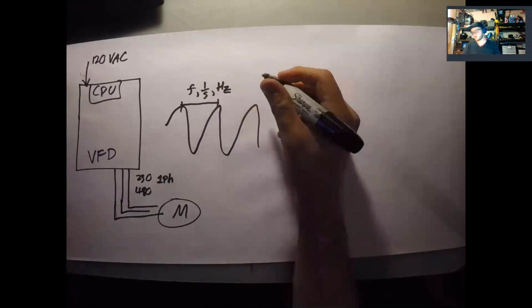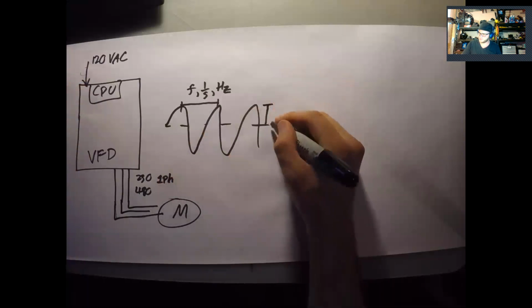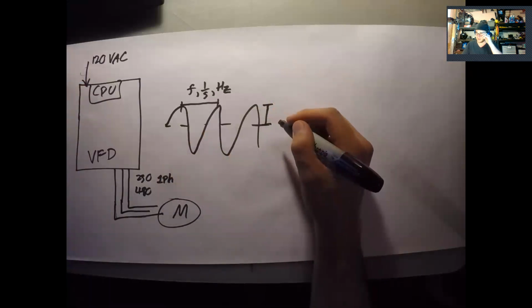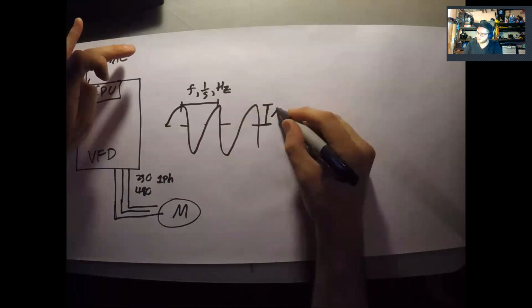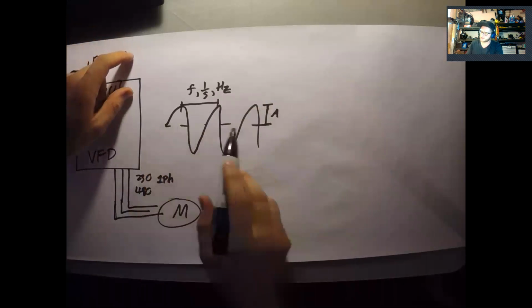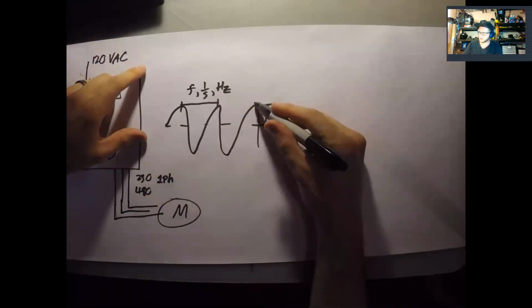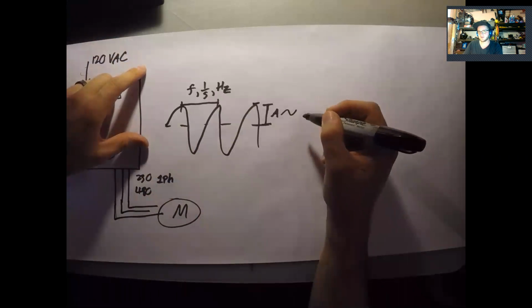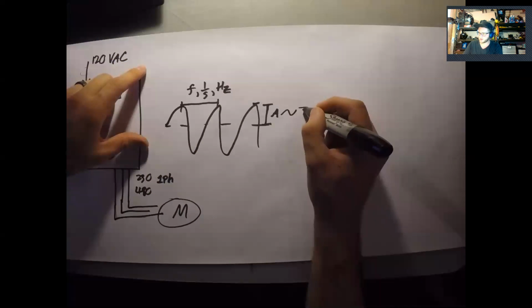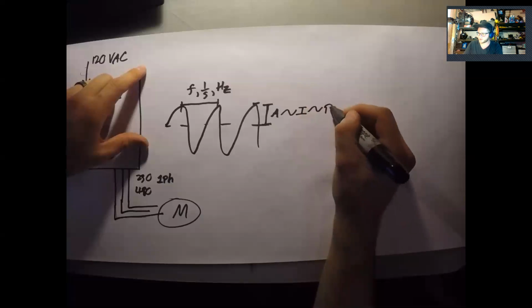And the amplitude is the measurement from this midline, this 0 point, to the top of the peak. That's going to be proportional to your current, essentially, which is also proportional to power.